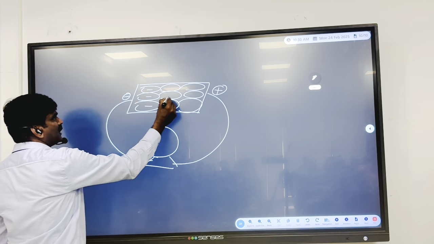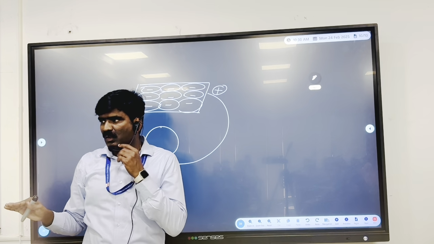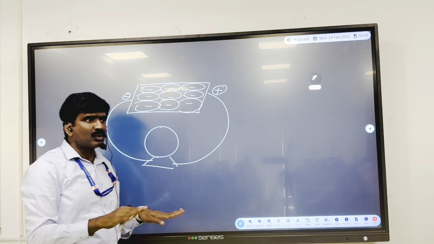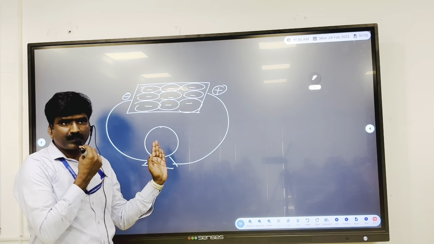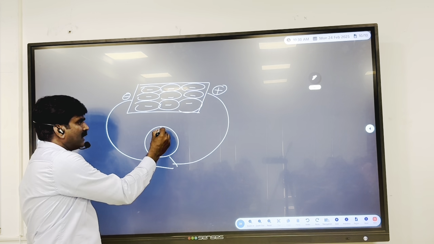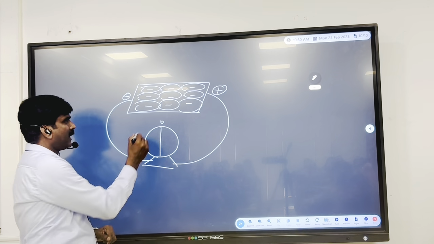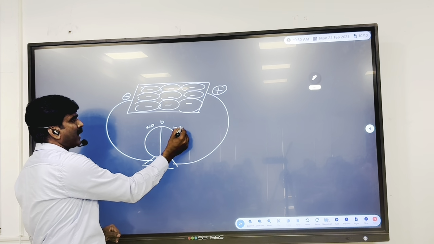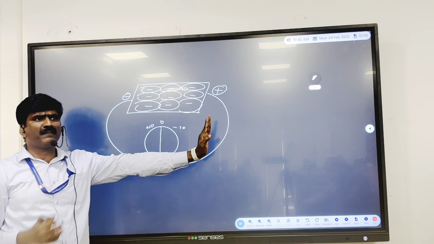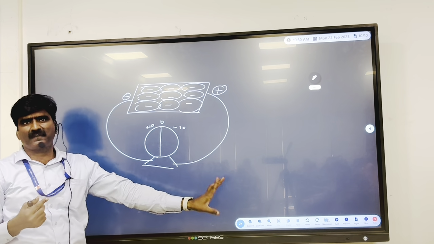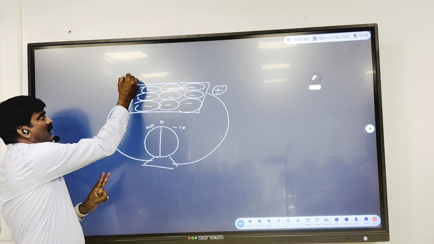At the beginning, all the cells are resting, all negative. So the first principle: when there is no electrical activity, deflection will be 0 or neutral. This is plus 10, this is minus 10. When there is no electrical activity, no deflection.